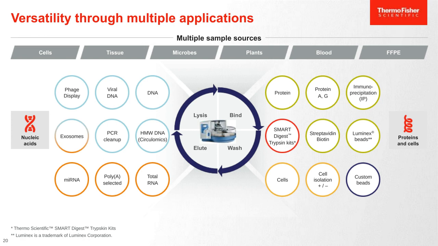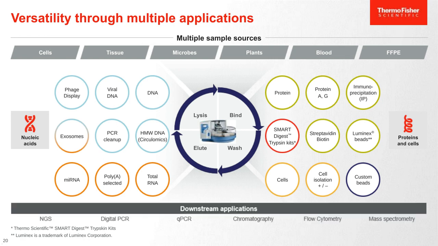But we've also got beads for protein isolations. So you can do Luminex, immunoprecipitation, Smart Digest, which is a trypsin digest, and we can also do cell isolations as well. We can also work with custom beads because you can change the protocol to what you need it to be. And all of these applications are ready for downstream, such as digital PCR, NGS, chromatography.